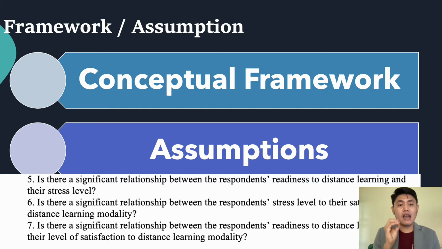When we are writing our hypothesis, we write our hypothesis in its null form. There is no relationship, there is no significant, ganon po. But, pag yung statistics po natin after completing the paper, pinatunayan na meron nga, we will reject the null hypothesis and we will accept the alternate hypothesis na nagsasabing there is a significant relationship.